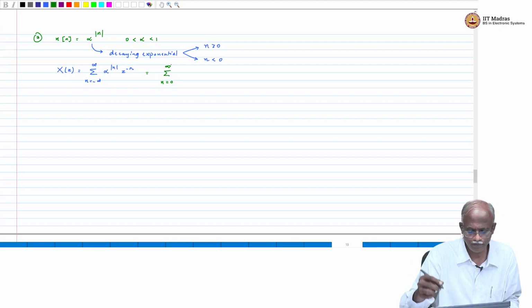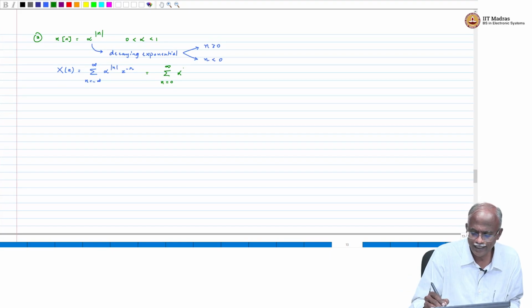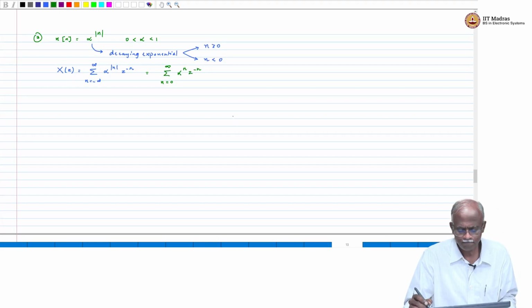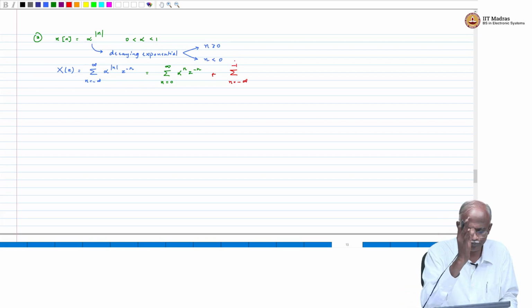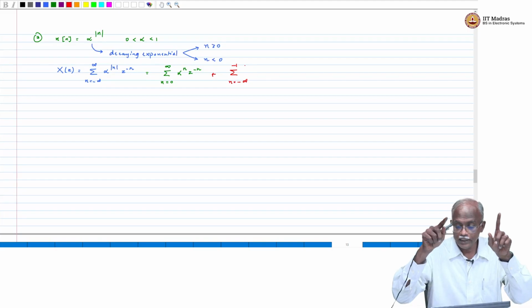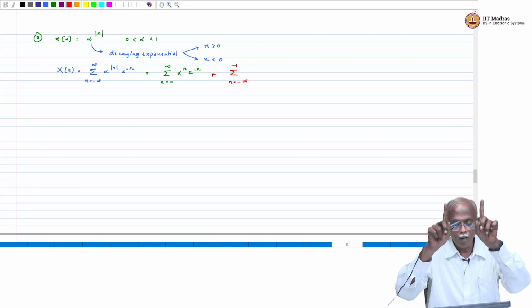These are positive values of n, so alpha raised to the mod n can be written as alpha power n, z power minus n. The second term will be summation n equal to minus infinity to minus 1, because 0 to infinity has been captured in the first summation. And now these are negative values of n.